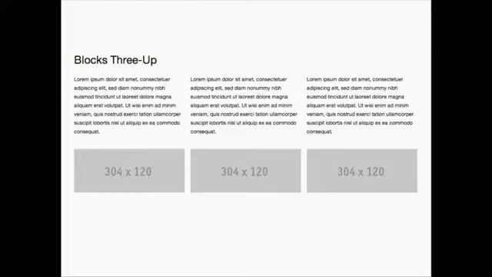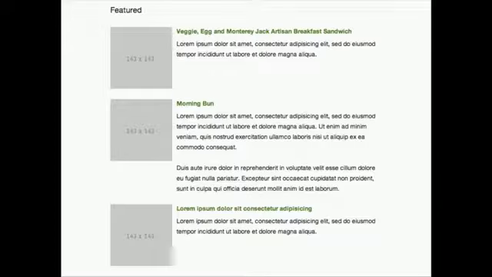And if you crack this thing open, you see things like this, right? So they're calling this pattern the blocks 3 up pattern, right? So it's this pattern of 3 touts with some images, and you're able to resize the browser and sort of see how it works across different screen sizes. Here's a featured list consisting of a thumbnail and a title and an excerpt, right?